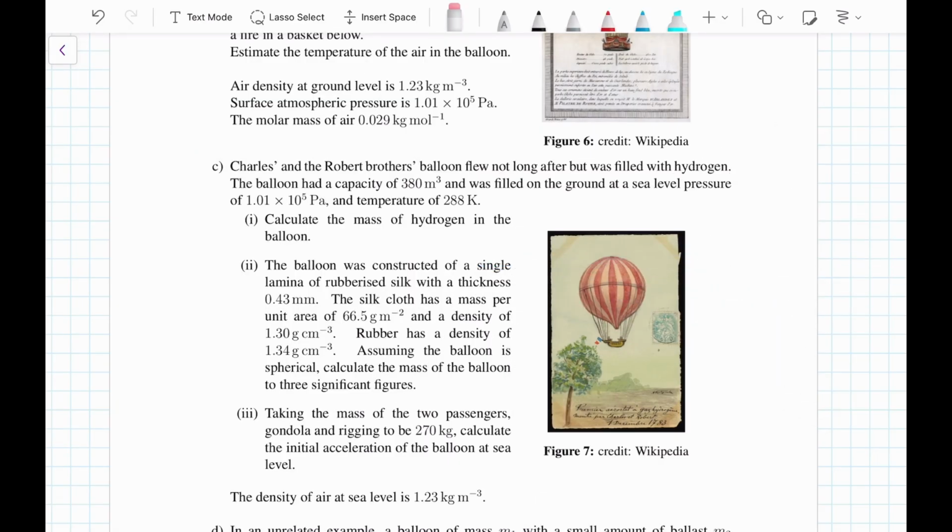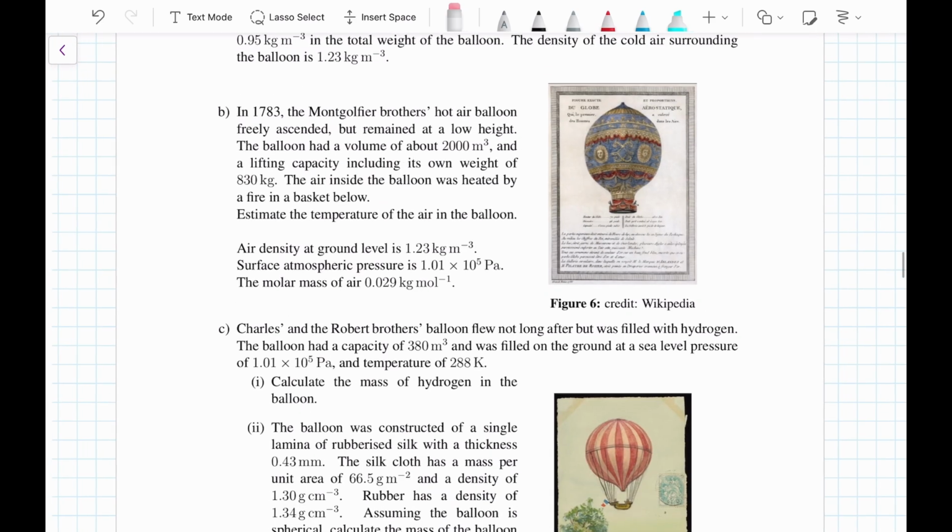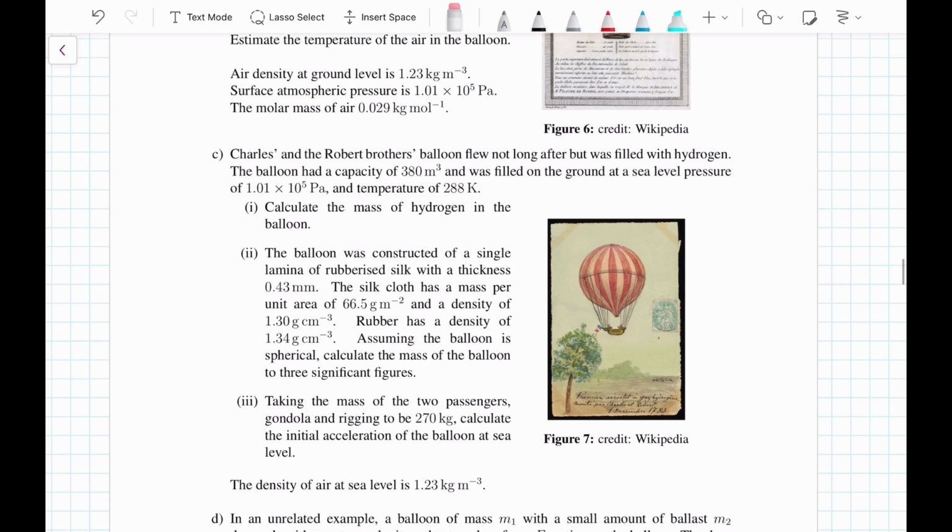So in this video, we're going to look at question C of question 3 in 2023 round 1 section 2. It says Charles and Robert's brother's balloon flew not long after but was filled with hydrogen. So linking the previous question, I suppose it changed from hot air to using hydrogen, and then the balloon worked.